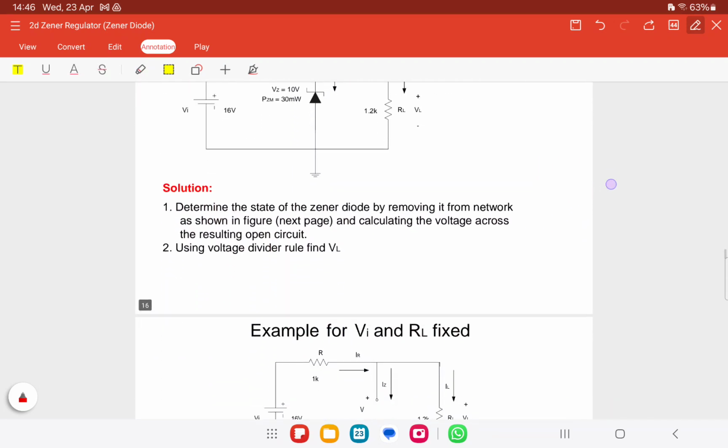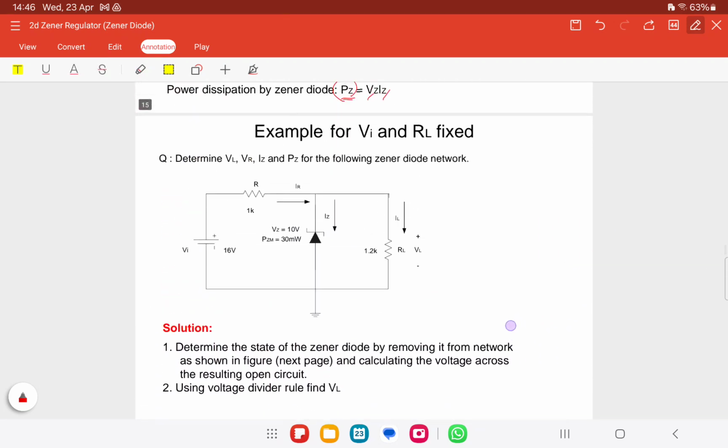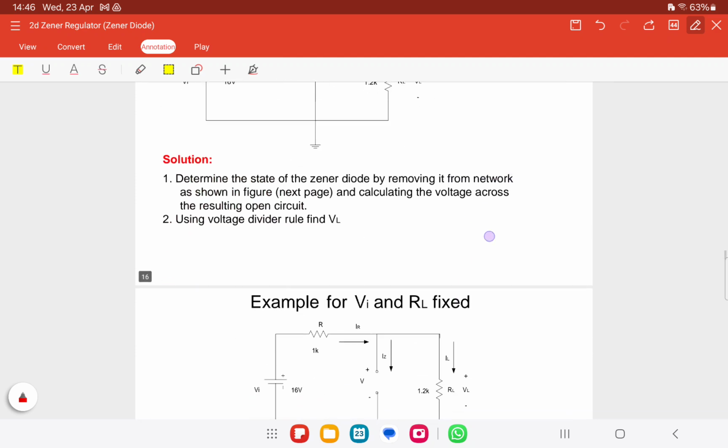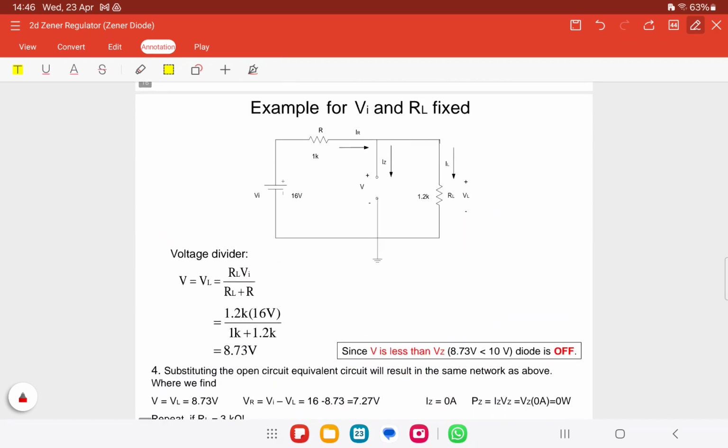Okay, so we have one question here. First we need to determine the diode condition, on or off. Untuk buat tu, so we apply this one. Kita tukar value, you tengok the cara kerja. We just change the value. Let's say here we put 10, 1K we put 2K, 1.2 kita jadikan 0.5.